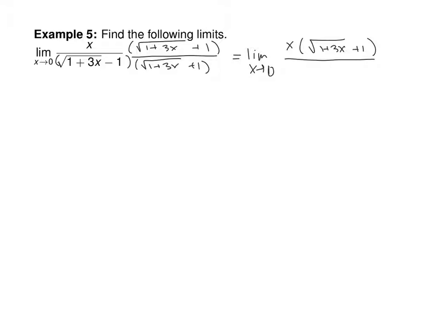Okay. When those conjugates multiply together in the denominator, what do you get? Yes. 1 plus 3x minus 1. Do you agree with Rachel there? And then it simplifies to 3x.